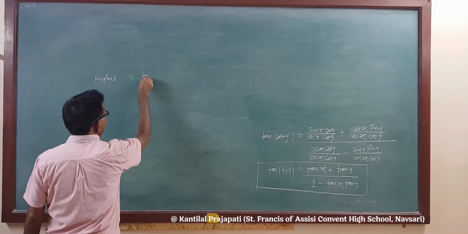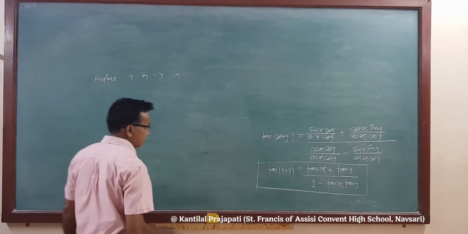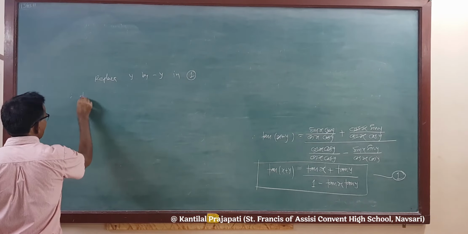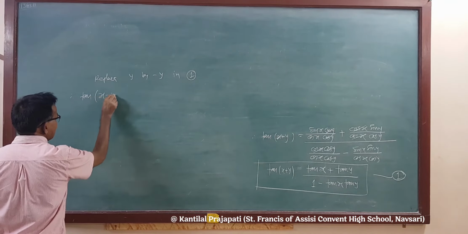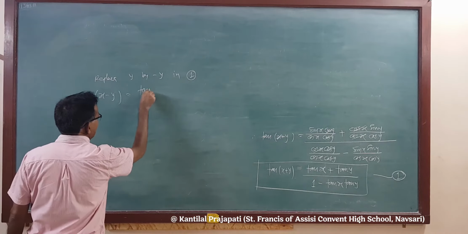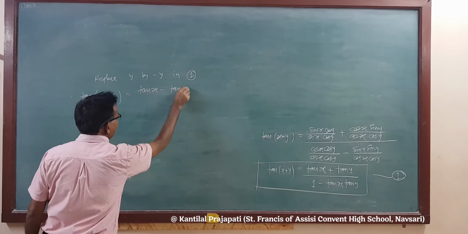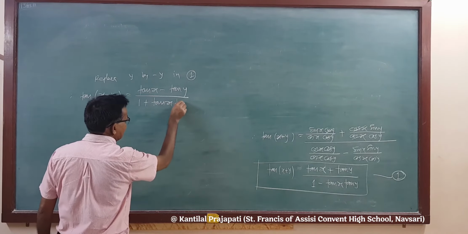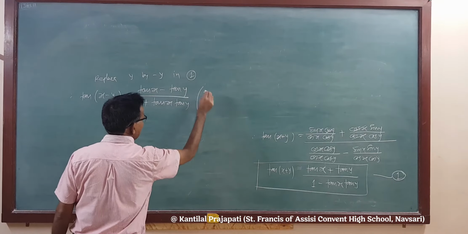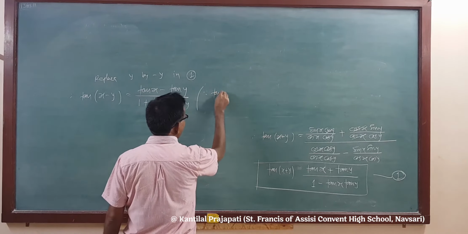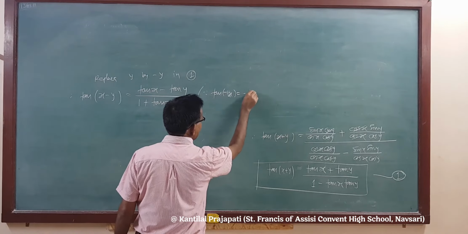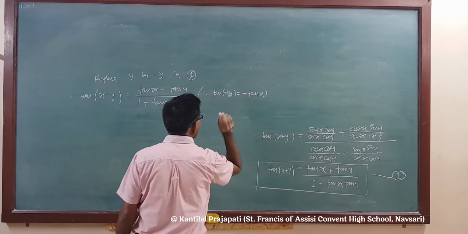So we get the formula of tangent of x minus y is equal to tan x minus tan y upon 1 plus tan x into tan y, because tangent of minus x is equal to minus tan x, an odd function. Remember this.